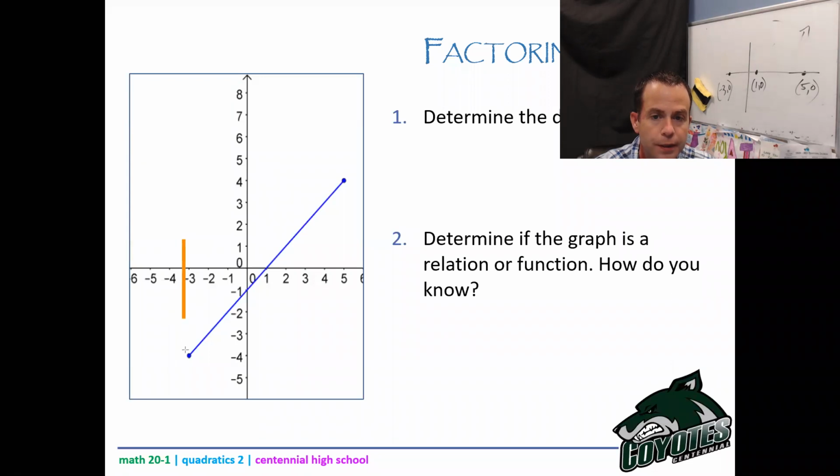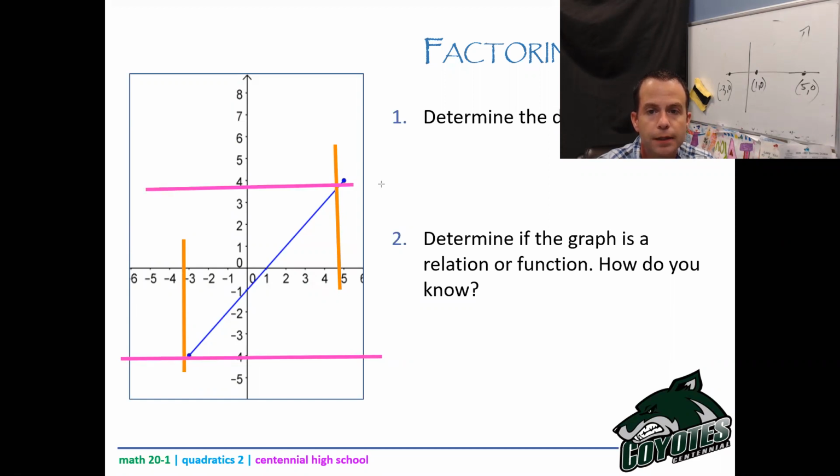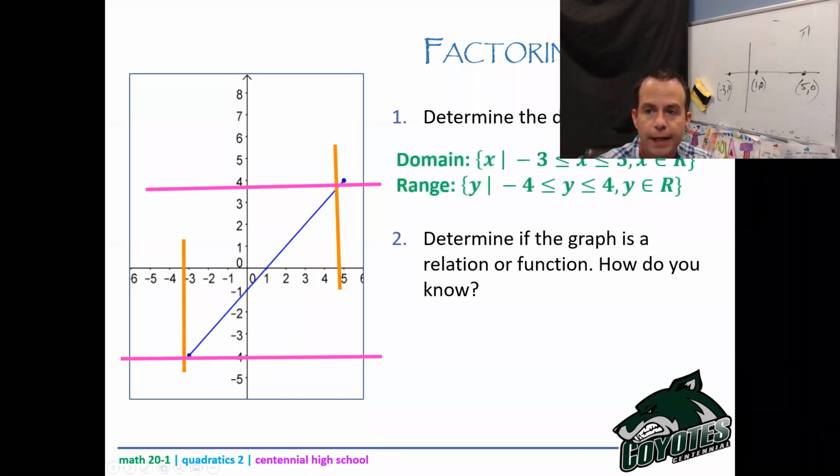We start at -3, nothing exists over here, and we end at 5. So the domain would be -3 to 5. For the range, our bottom is at about -4, and our top is about 4. So we would go -4 to 4 for our range.